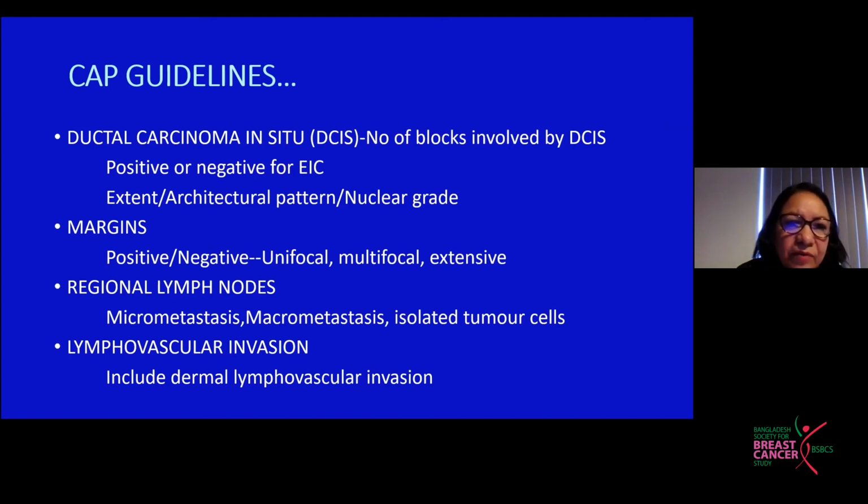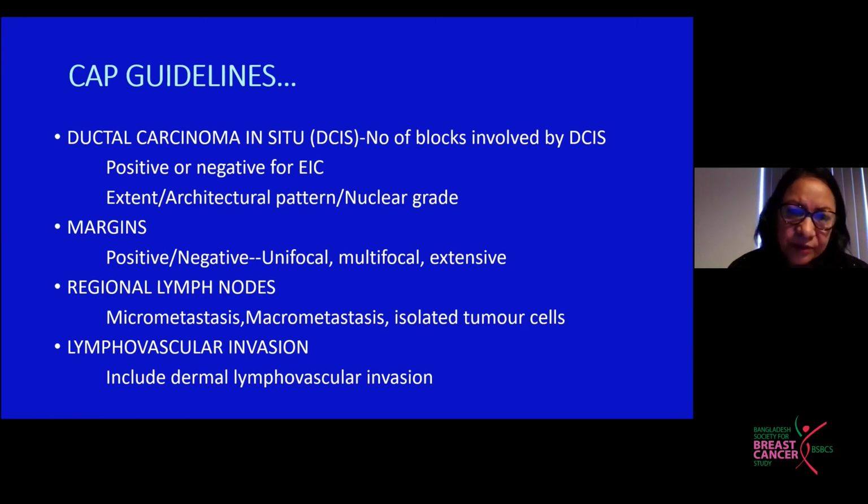Some of the tumors have extensive DCIS along with the invasive component. If the DCIS constitutes more than 25% of the tumor mass, then it is called EIC positive. So that is also a very important parameter. We also look for the extent of the DCIS. We have to measure the extent of the DCIS.